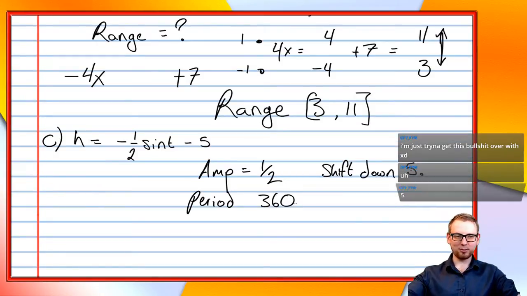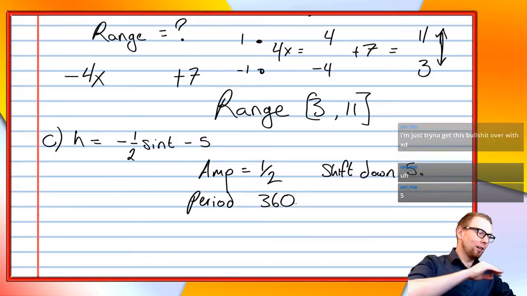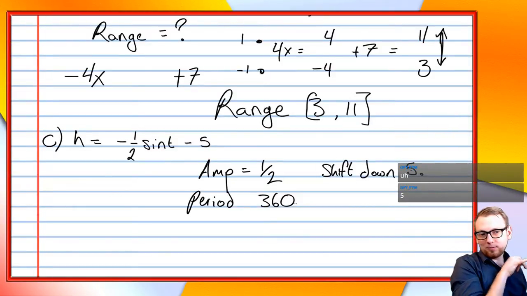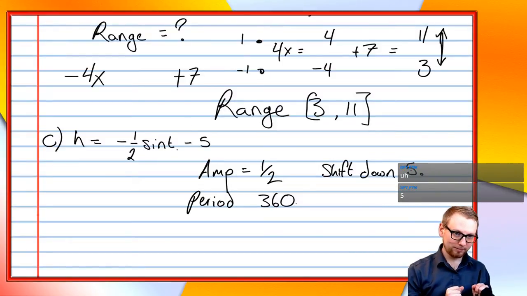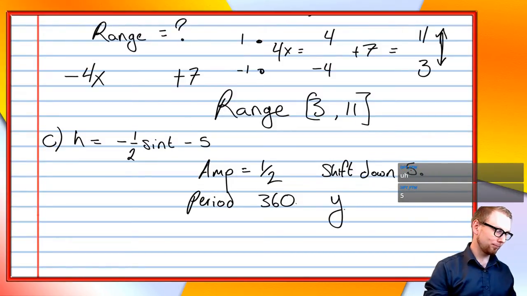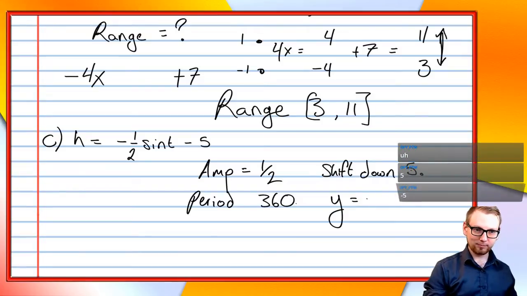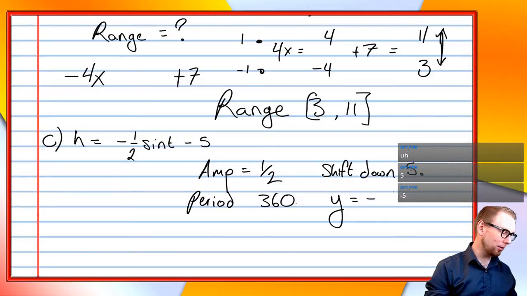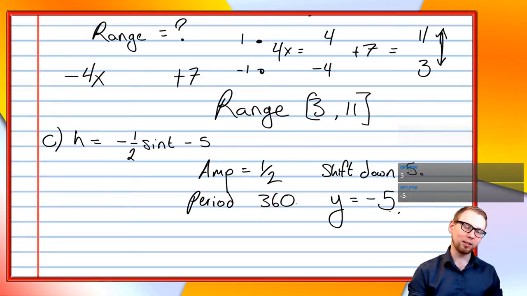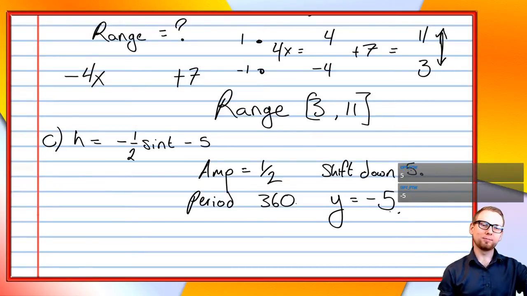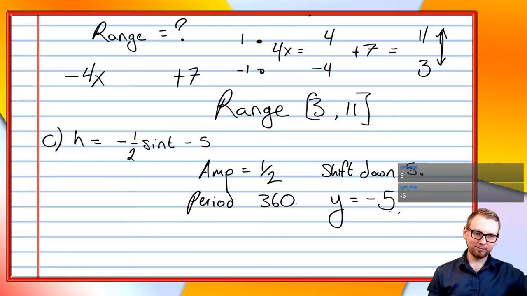That's the better question. It's not going to be 5, because this is down 5, remember? Yeah, y equals -5. Make sure you write it as y equals negative. Okay?